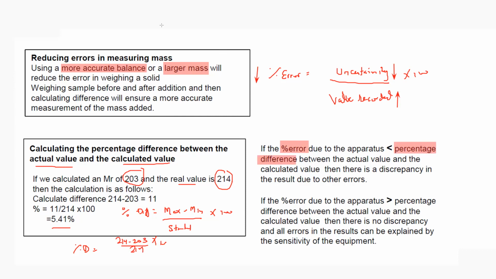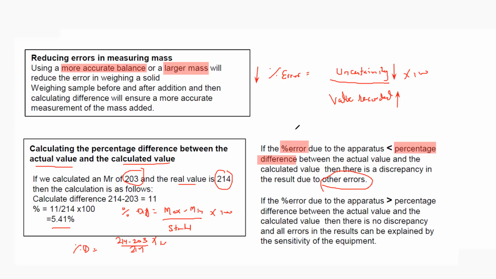So if the percentage error due to the apparatus is less than the percentage difference between the actual value and the calculated value, it means that the difference in the result is due to other errors. It's not due to the apparatus. Our apparatus is accurate and still we are getting a difference. The percentage difference is there.